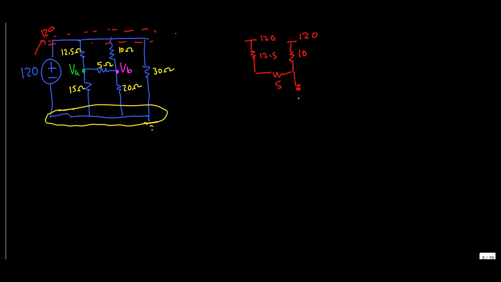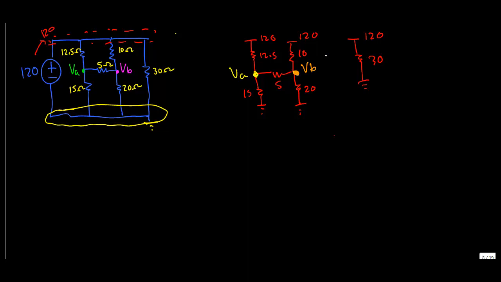Now basically we have a 20 ohm resistor and a 15 ohm resistor that is tied to ground. And then we have a completely separate circuit, basically, of 120 volts that is in 30 ohms that is tied to ground.